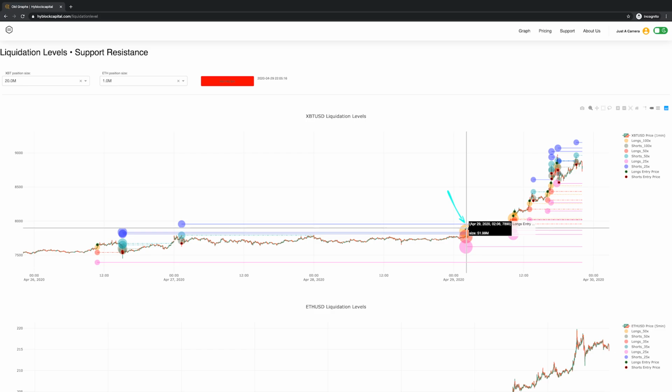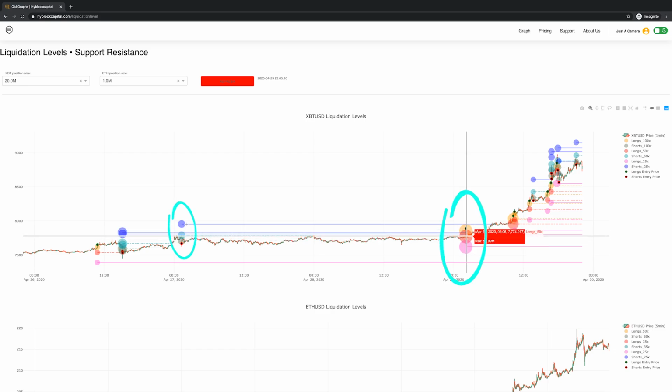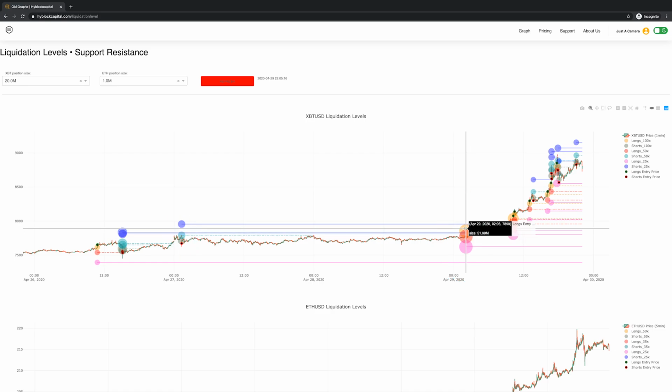But now we can see that the position size is 51.99 million. The bubble is bigger, so you can start to see how the size of the bubble is in relation to the actual size here. Longs came into the market. Well, my 100x longs liquidate at 78.51.